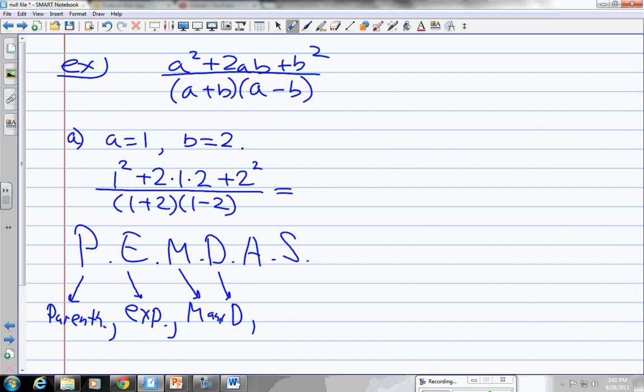So for addition and subtraction, there's no specific order between them. M is multiply and d is divide, and then add and subtract. So that's the order of operations.